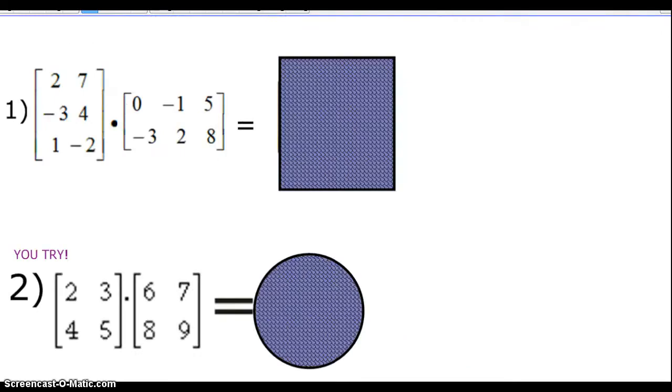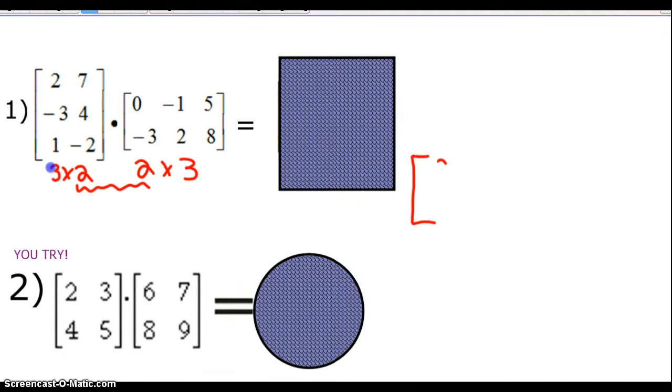So first thing we're going to do, just like they did before, is we're going to spread out. We see we have a 3 by 2 and a 2 by 3. So that's definitely going to work. The two 2's match up, and we're going to end up with, under this lovely purple thing, a 3 by 3. So I'm going to write it out over here.